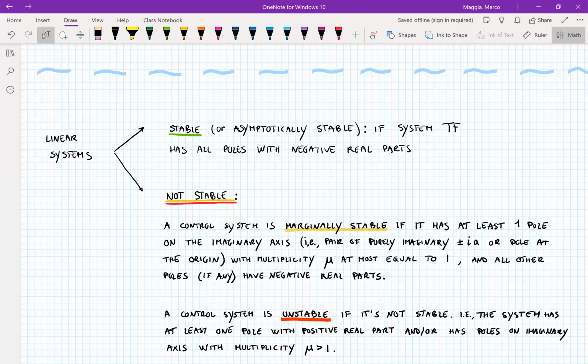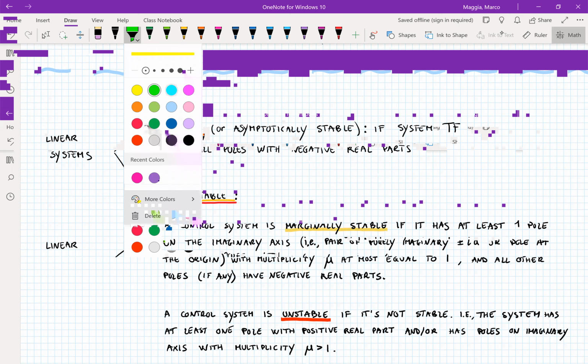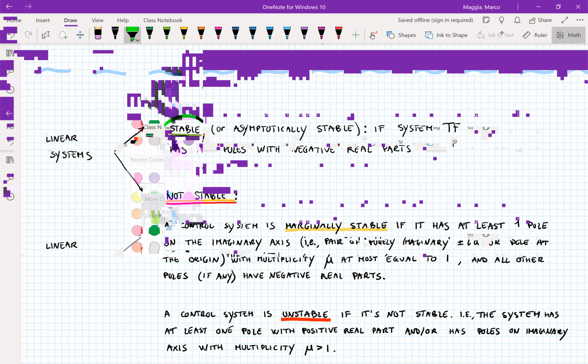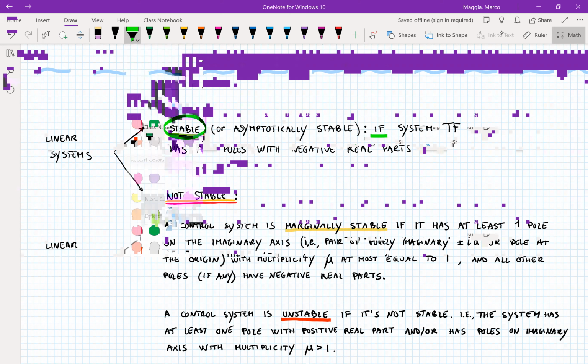All right, so as a recap, we saw that a linear system is defined as stable if the system transfer function has all poles with negative real parts. Now, this stability is also known as asymptotic stability.